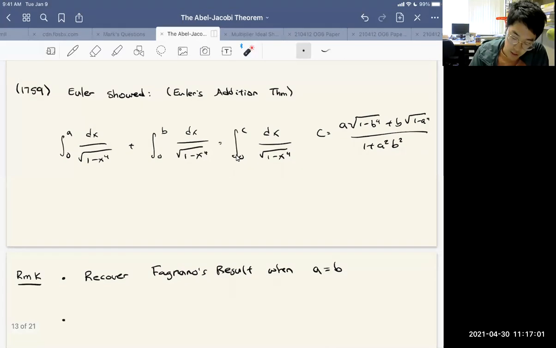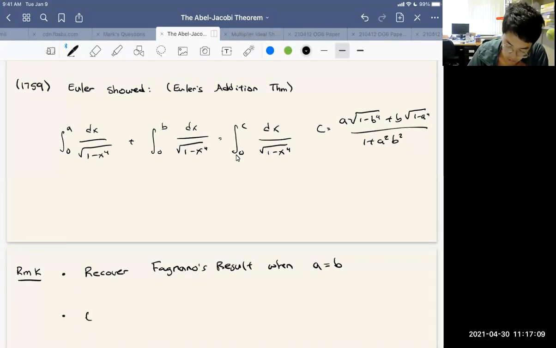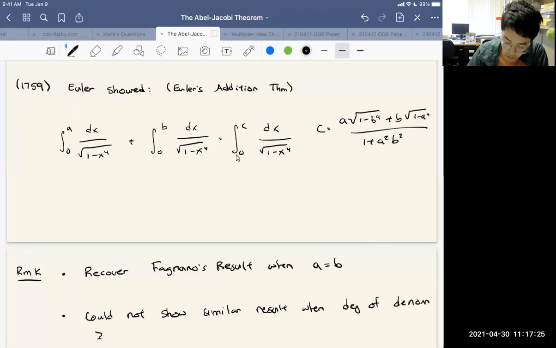Euler was studying these elliptic integrals and stumbled across this identity, but he could not show a similar result when the degree of the polynomial is greater than or equal to 5.